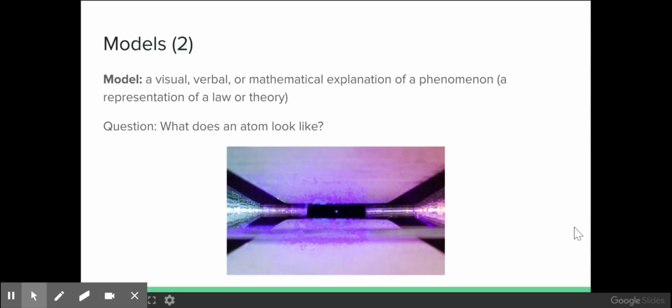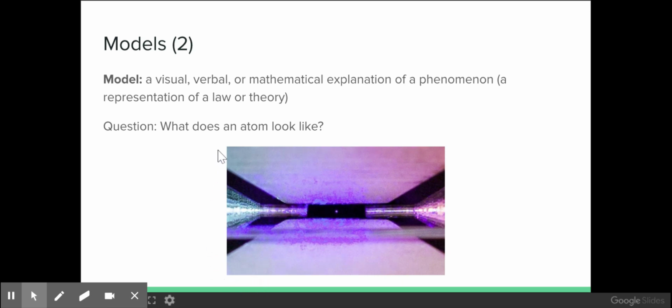A model is a visual, verbal, or mathematical explanation of a phenomenon. Really, it's a representation of a law or a theory. A model is a way for us to take something that we have as a law or a theory and to make it easier for us to understand. Like this picture, I love this picture.